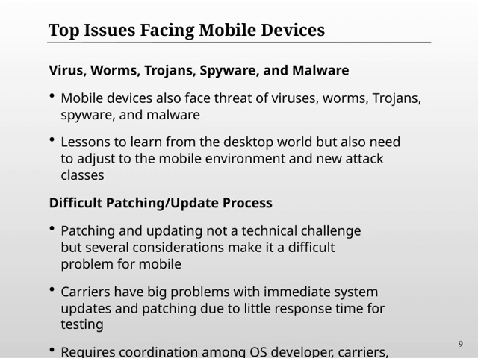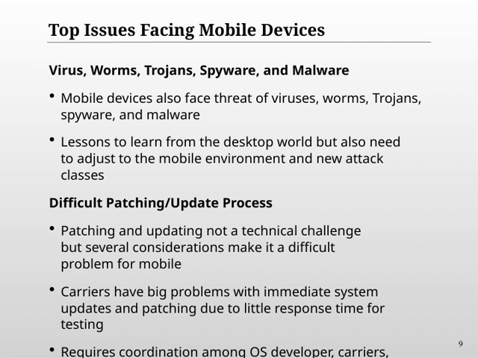Another significant issue is the patching and updating process. While technically updating software might seem straightforward, in practice, it's quite complex for mobile devices. Carriers, for example, face big hurdles when it comes to deploying immediate system updates. There's often limited response time for testing, which makes quick updates difficult.